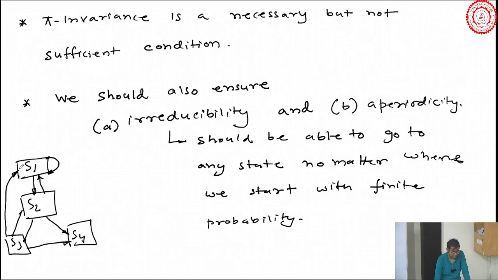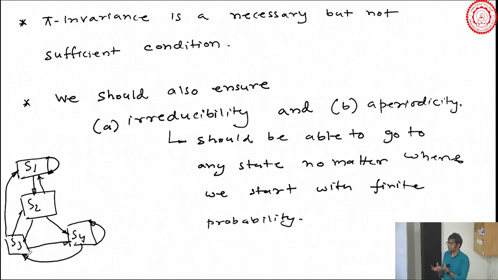So let us do one more thing. Now, is it reducible or irreducible? You understand, right? Starting from any state, it should be able to go to any other state. That's the only criterion. Okay?